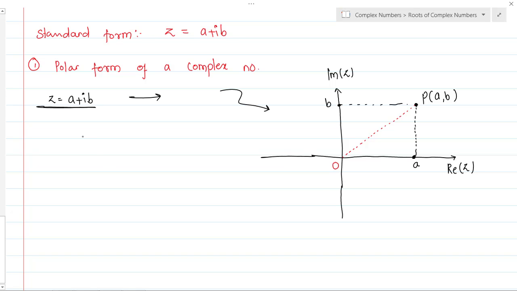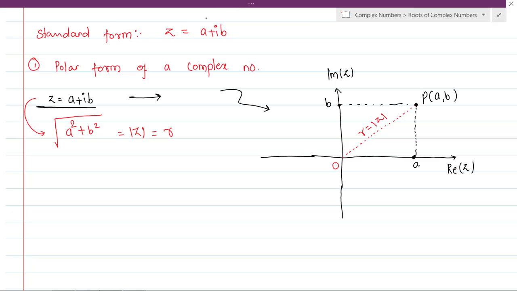Exactly. What do you mean by square root of a square plus b square with reference to z? Exactly, this is nothing but mod of z. Let's name the mod of z as r. So this length of OP becomes r, which is equal to mod of z.